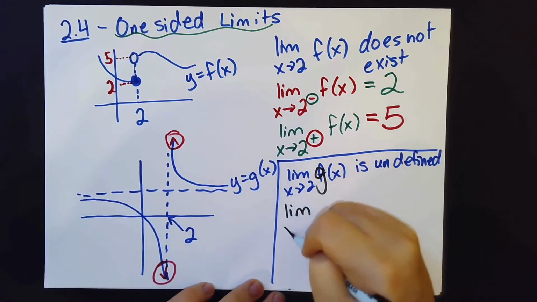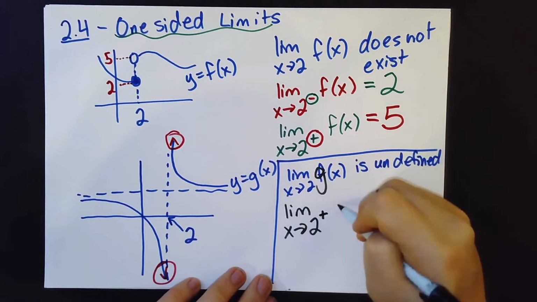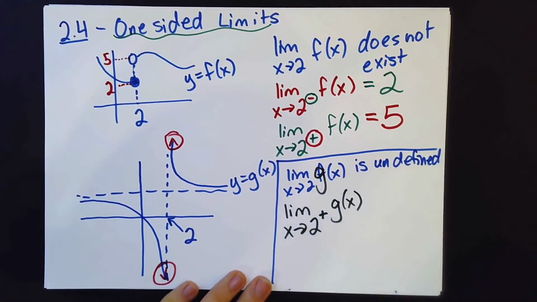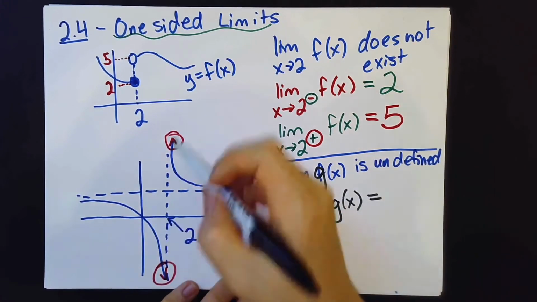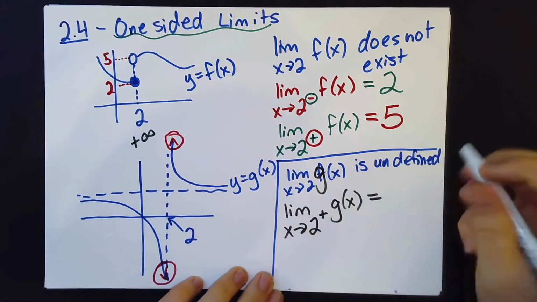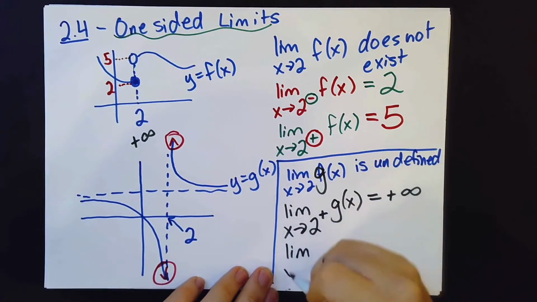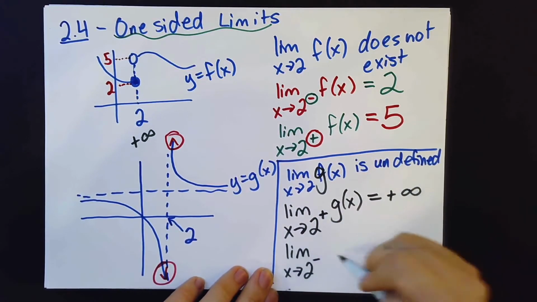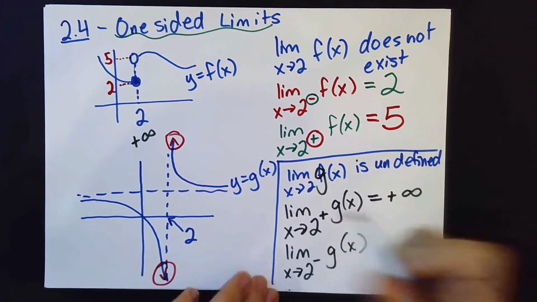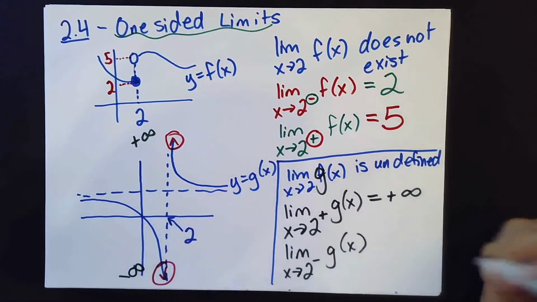But if I do take a one-sided limit, then I can say the limit as x goes to 2 from the right of g of x, and I can say, what is this running off to? Well, this is running off to plus infinity on the output axis, while the limit as x goes to 2 from the left of g of x, that's coming from this side, that's running off to negative infinity on the output axis.